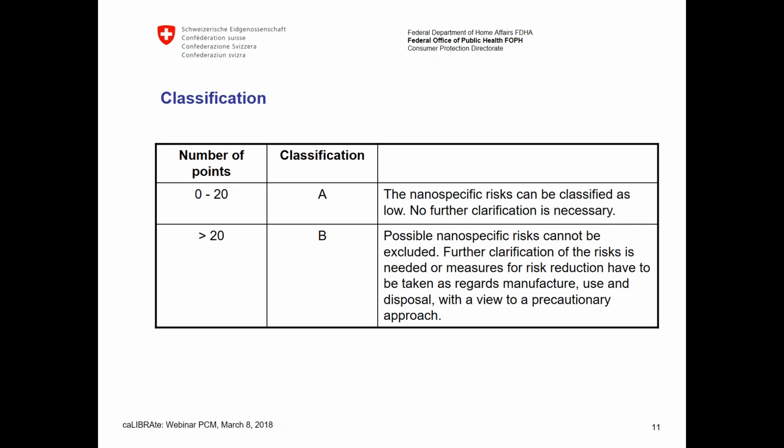But if the number is more than 20, risk cannot be excluded, non-specific risks cannot be excluded, and further clarification is necessary. And if necessary, you have to do a risk assessment.